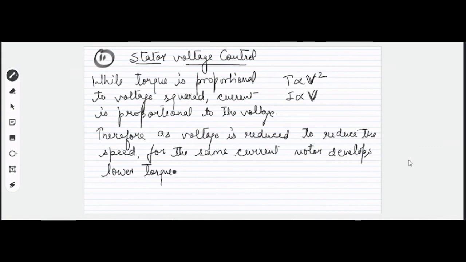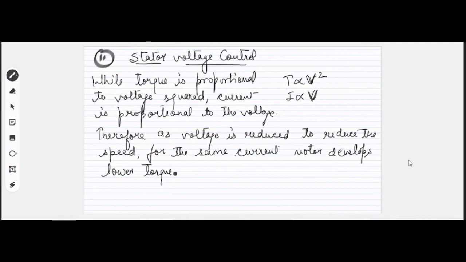So if we use this stator voltage control method, with the decrement in the voltage, your speed is going to decrease. But during this decrement in the voltage, the torque developed by the motor is also going to be reduced.